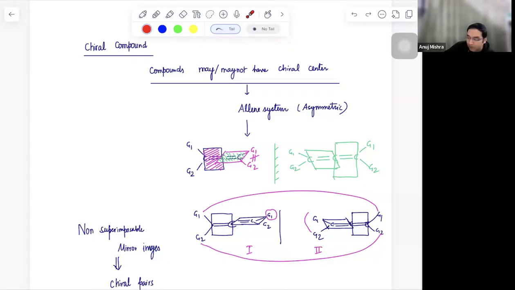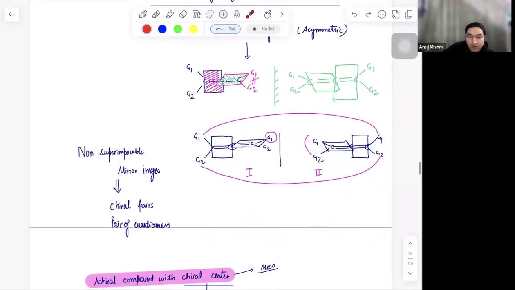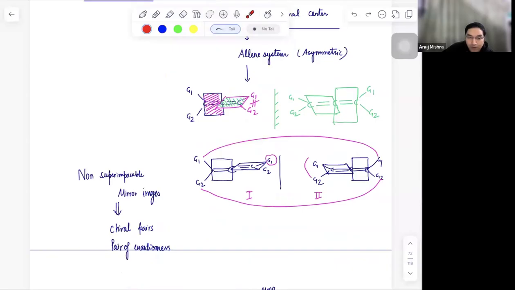Just take note of it. So non-superimposable mirror images, a pair of enantiomers.